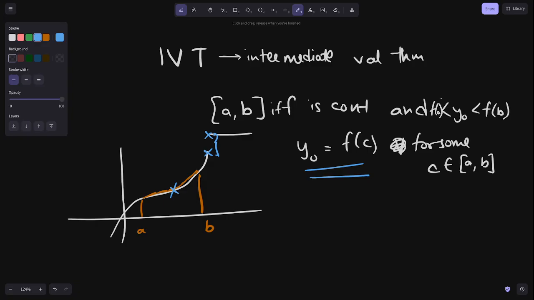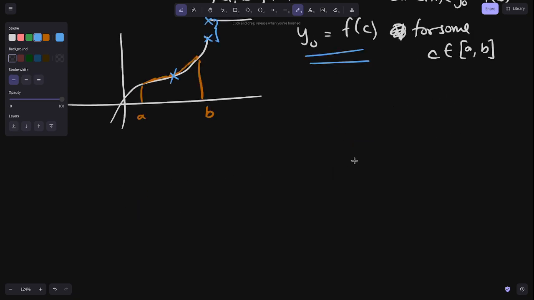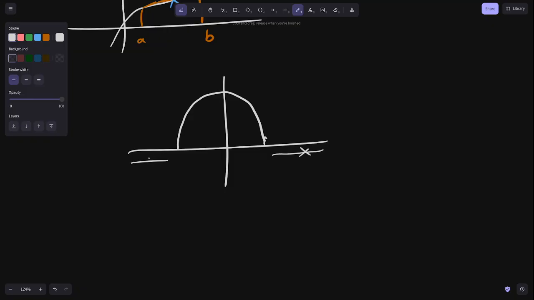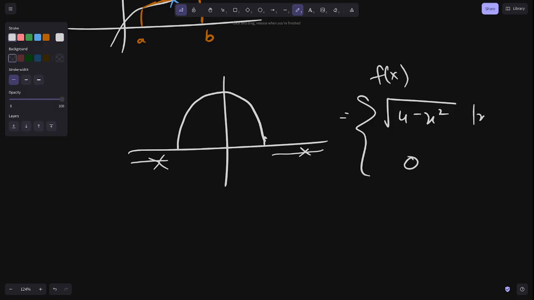And we can extend things to not be continuous as well. So for example, let's say we have this curve, that earlier curve we made, it's not continuous in this range and this range, right? So if you make the function something like this, f of x is equal to root of 4 minus x square, or 0 when mod x is greater than 2.